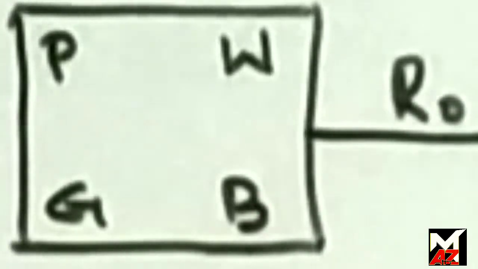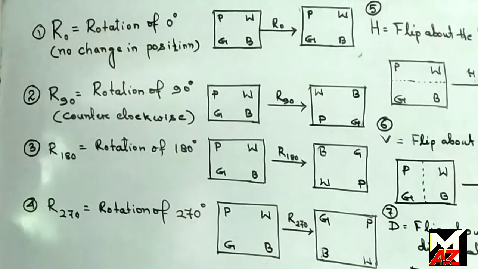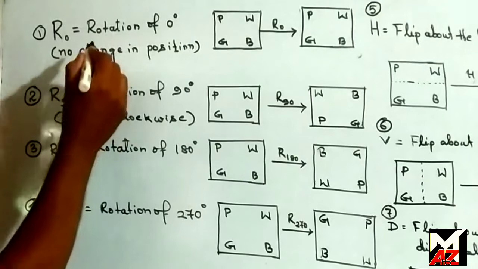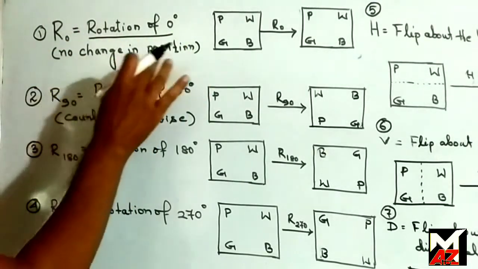Now we take a square with 4 different colored corners: blue, white, pink and green. We make a rotation of 0 degrees, that is, no change in position.